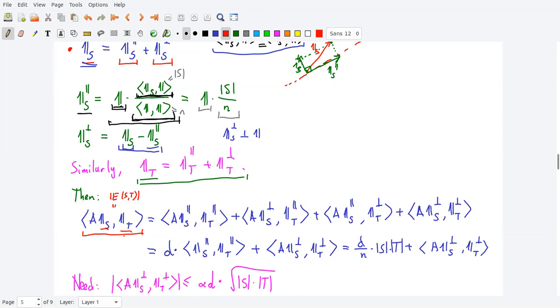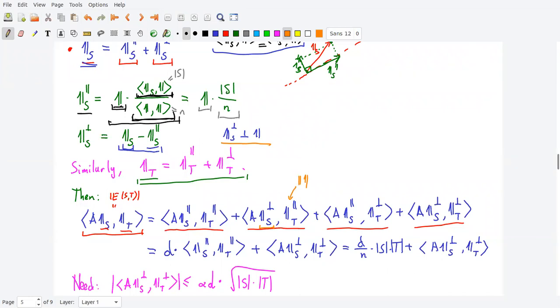So I can use the bilinearity of the scalar product and write it down as the sum of those four terms. Yes. So in two of those terms, I've got parallel, perpendicular, perpendicular, and there are two of them that are mixed. But fortunately, some of the stuff here cancels out, because, for instance, this guy is parallel to the vector of all ones. Well, it's just all ones multiplied by some coefficient. On the other hand, this vector, 1S perpendicular, it is perpendicular to all ones.